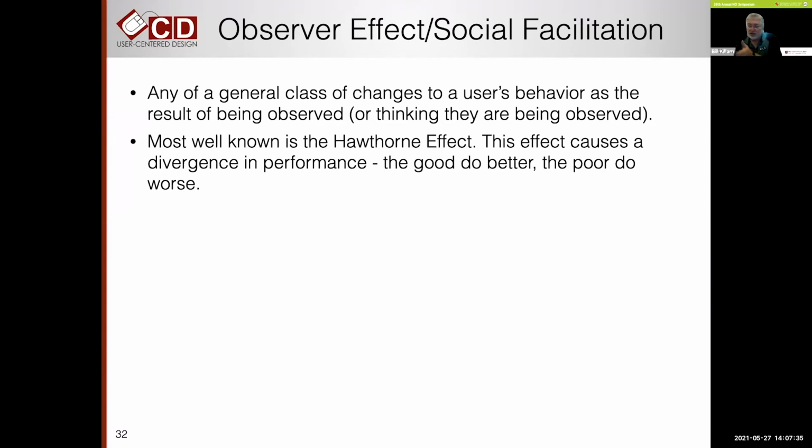Or they will get nervous and they'll perform less. They'll have more difficulty. And so when we're doing evaluations and we're watching people in order to see what's happening, know that the effect that you're getting is not real. It's probably either exaggerated good or exaggerated bad. No one is exempt from some type of social facilitation.